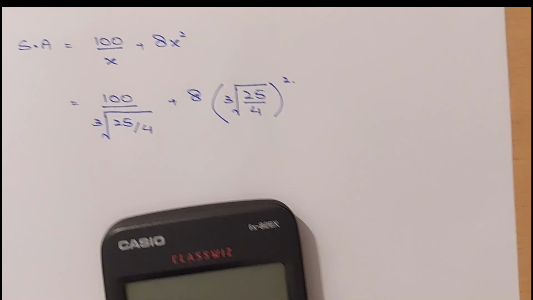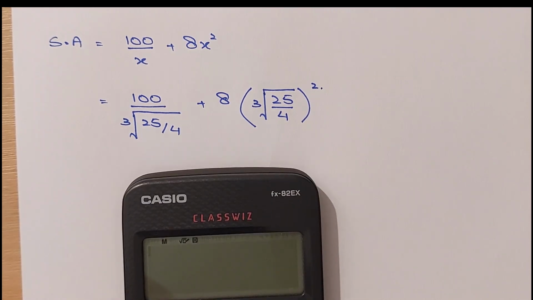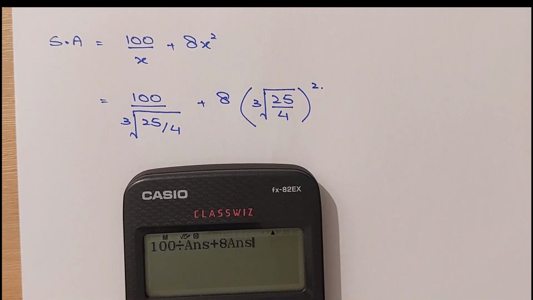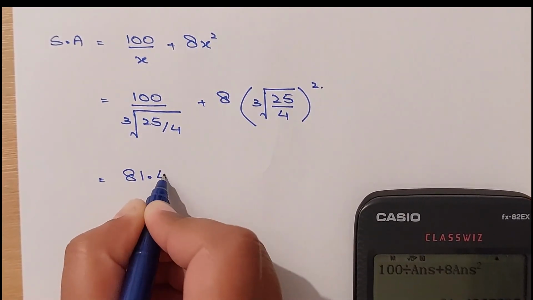So let me simplify this and get the minimum value, right? So 25 divided by 4, and taking the cube root, the cube root of 25 divided by 4 is this, right? And we have 100 divided by the answer plus 8 times the answer square. 81.43. So the minimum value of the surface area is 81.4, right?